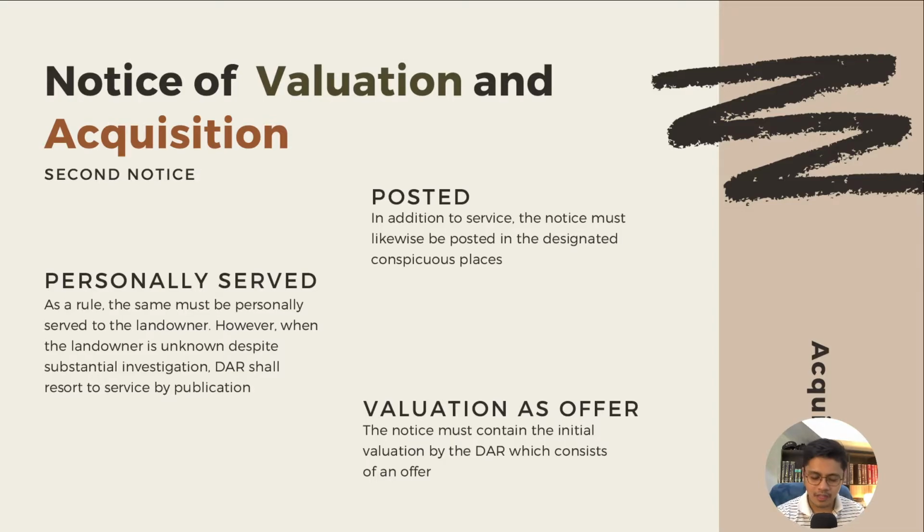Okay, if the DAR cannot locate, cannot ascertain the owner for this certain agricultural land, despite substantial investigation, despite due diligence, then under the rules, DAR is allowed to resort to service by publication. All right, but that's just as a matter of exception. Okay, the general rule remains that notices of valuation and acquisition must be issued, must be served personally to the land owner.